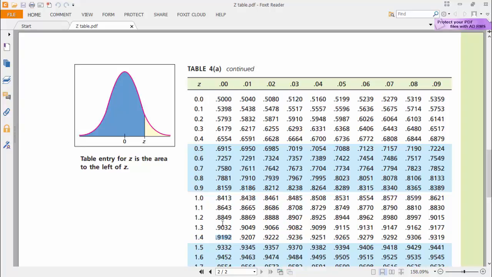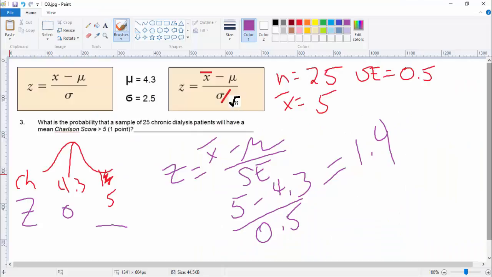See this 0? So it's 1.40 technically, and so you get 0.9192. So let's go back here. Oops, I should have changed here. So PR equals 0.9192.